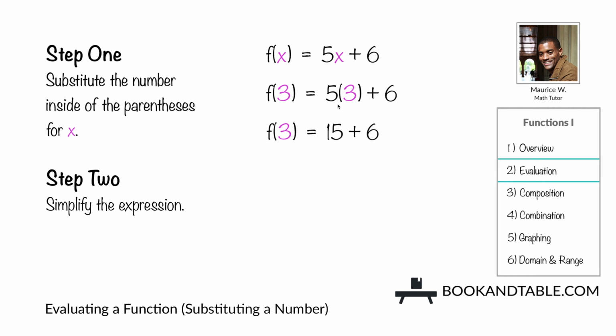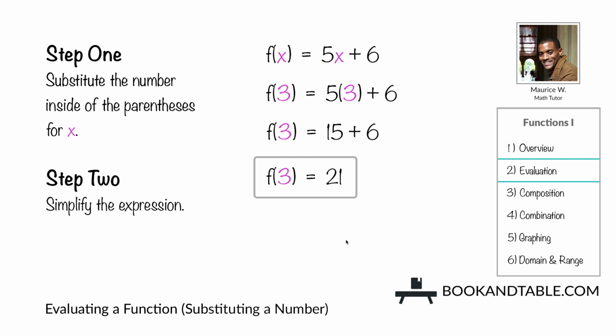So 5 times 3 is 15. And 15 plus 6 is equal to 21. So we see f of 3 is equal to 21. So when you're given a function and a number is substituted in for the independent variable, you substitute that number in for x, and then you simplify the expression.